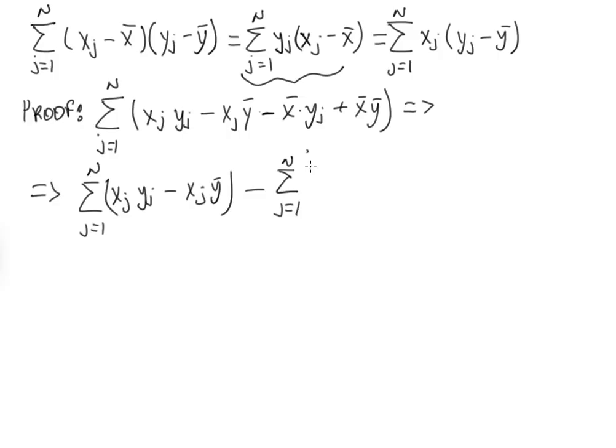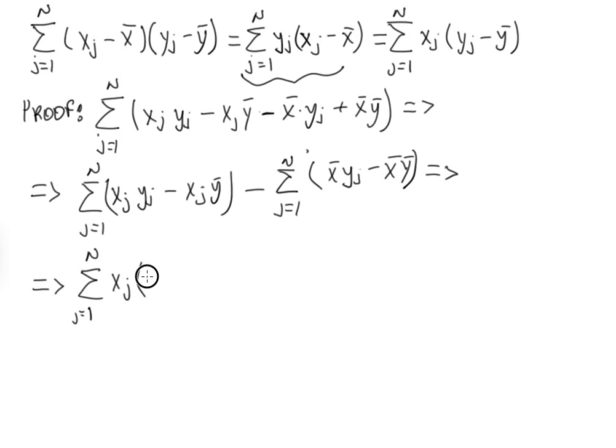j equal to 1. Here we have x bar yj minus, because after the bracket it becomes minus, and something that can come out of the bracket here, with the sum from 1 to n, let's put j for consistency, is xj, times yj minus y bar.